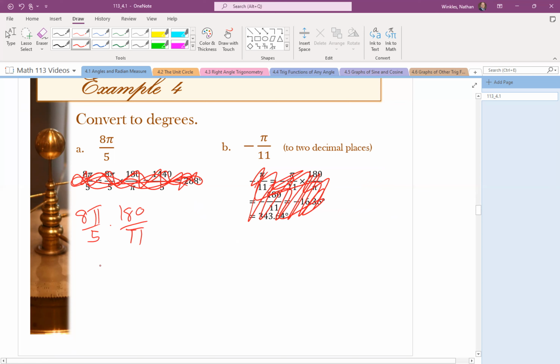So we'll have what? 1440 over 5, which is equal to, because this should divide evenly, looks like 288 degrees.